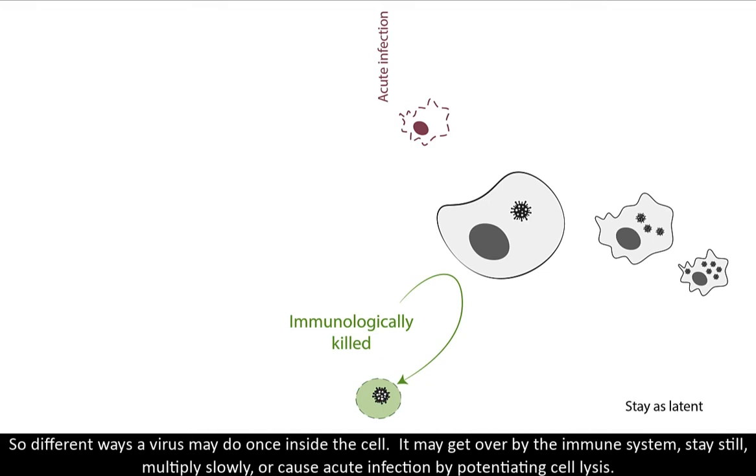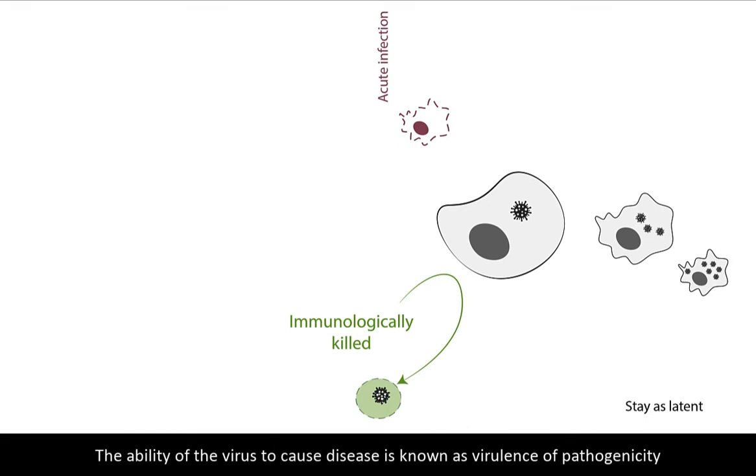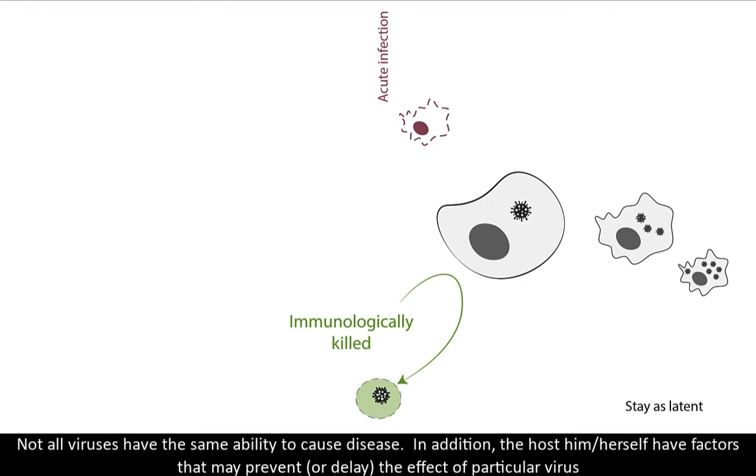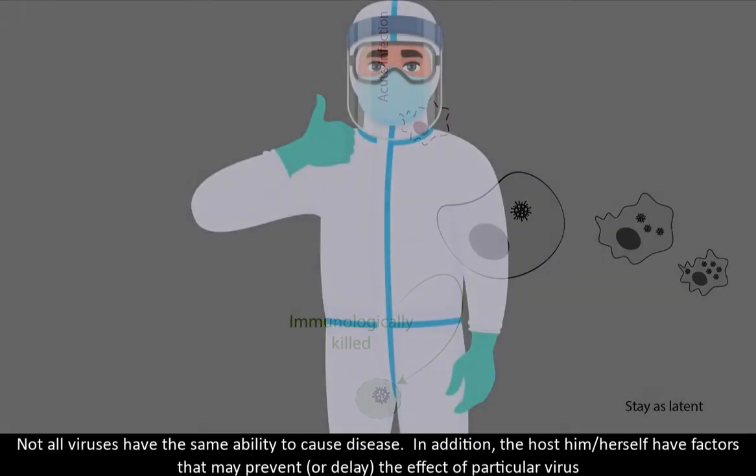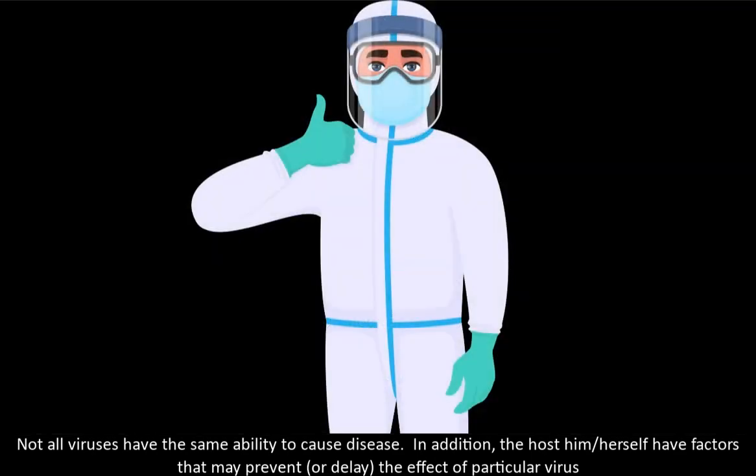The ability of the virus to cause disease is known as virulence or pathogenicity. Not all viruses have the same ability to cause disease. In addition, the host himself or herself has factors that may prevent or delay the effect of a particular virus.